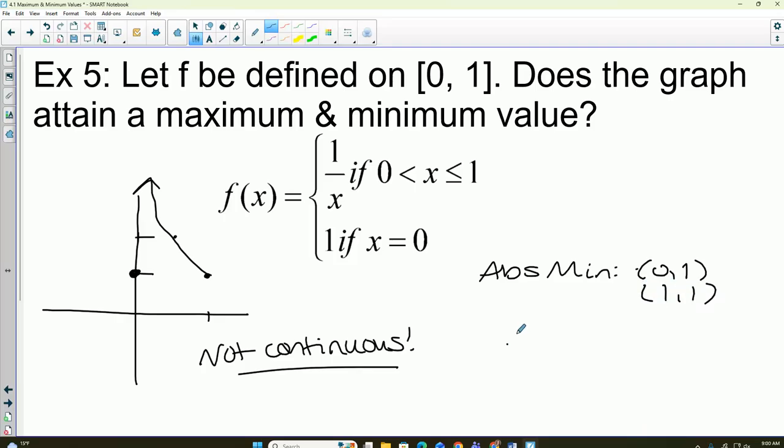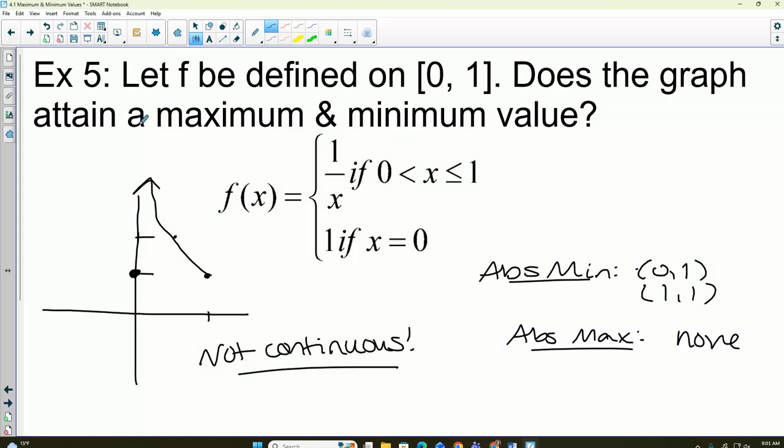Do we have an absolute max? No. So these examples are really just illustrating a couple issues that we may have. Okay, we have to be a little bit careful as we're going through. It does need to be continuous. It does need to be on a closed interval.